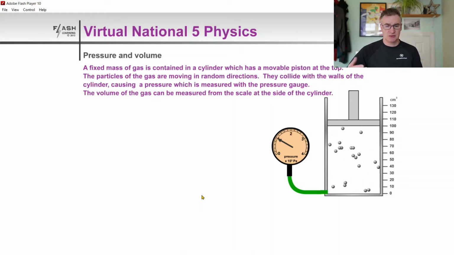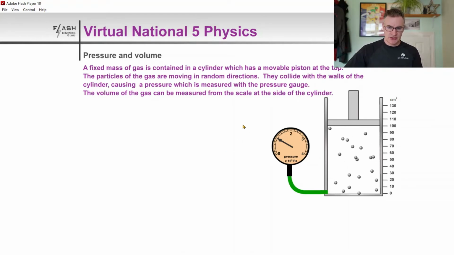This is something that we would expect: you reduce the volume, pressure increases. But here's an experiment to actually quantify that rather than just qualitatively describe it. We're going to quantify what happens when you vary the volume and the pressure.